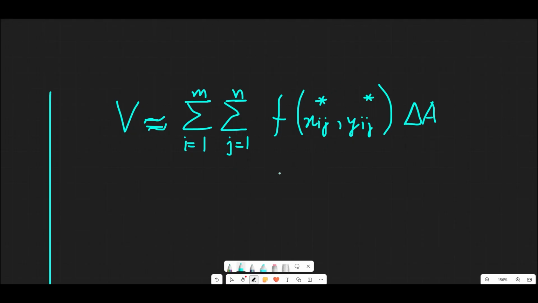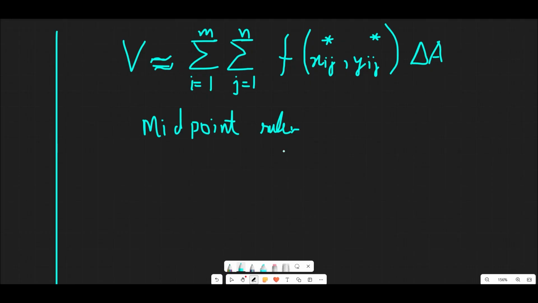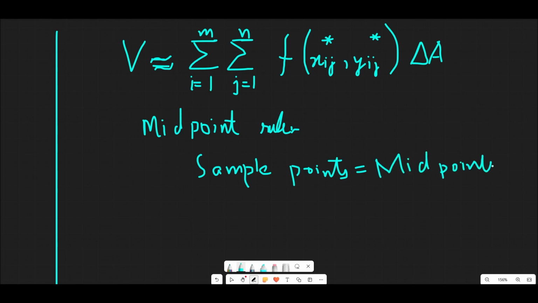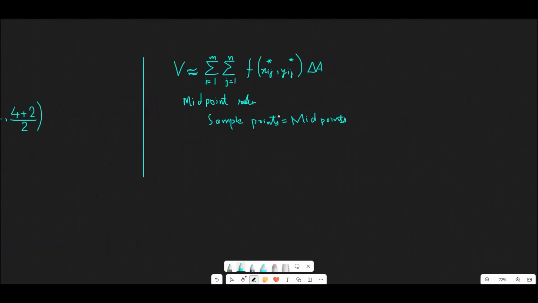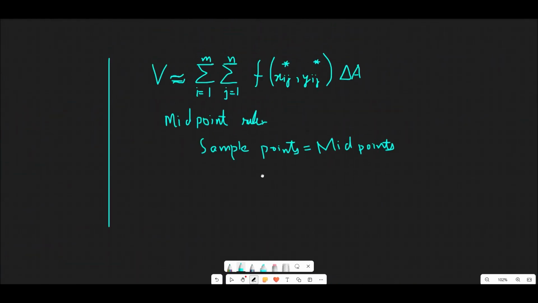And in the midpoint rule, specifically, the sample points will be equal to the midpoints. So we have to calculate the midpoints of these rectangles. Now we have to find the midpoints. Okay, so how to find the midpoints?